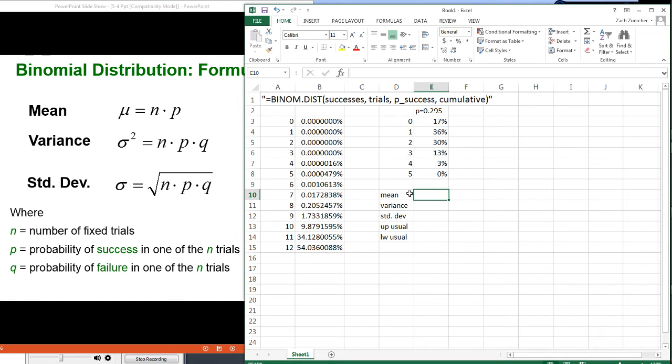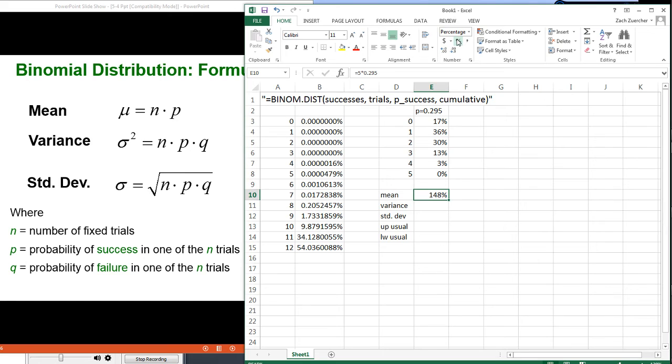Okay, for the mean, equals number of trials, 5 times probability of success, 0.295. Okay, there you go. That doesn't look right. Oh, I left it as a percent. Let's get that out of there. We don't want this as a percent.